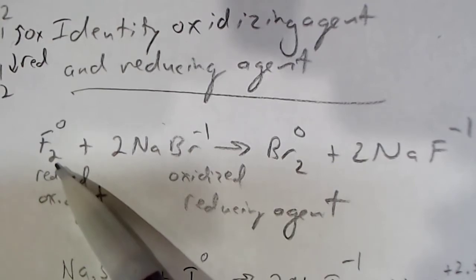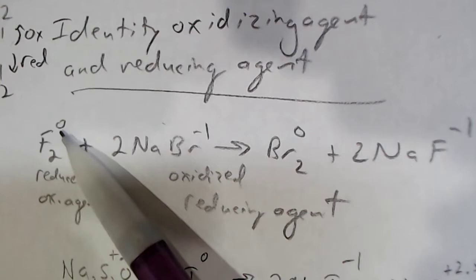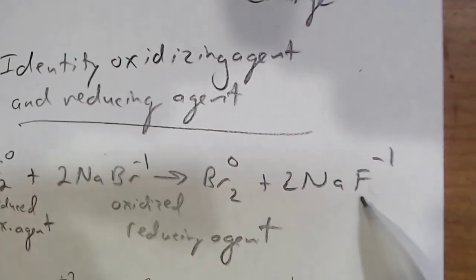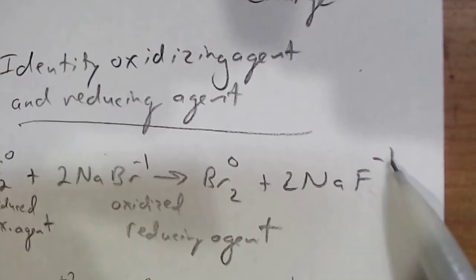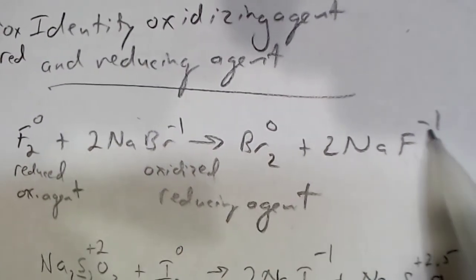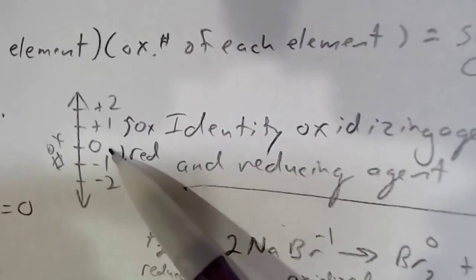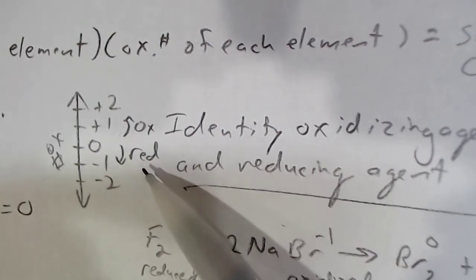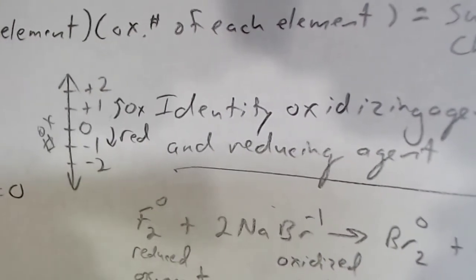It's pure fluorine. It's not next to anything. There's no charge shown, so it's an oxidation number of 0. But at the end, it must be -1. Anytime fluorine is next to something else, it's -1. So going from 0 to -1, becoming more negative means it is reduced. That is because it gained some negative electrons. Gaining electrons is reduction from the last video.